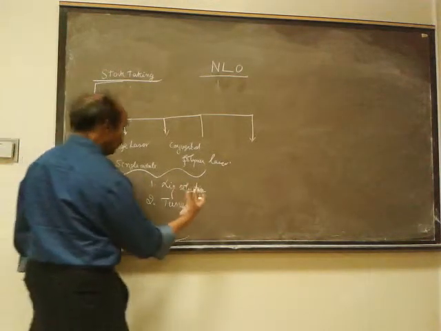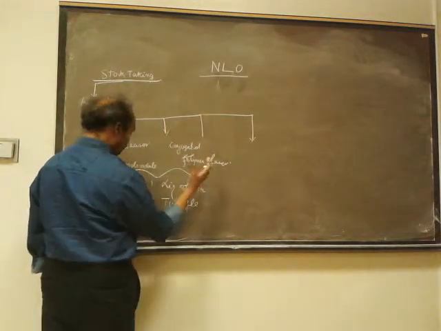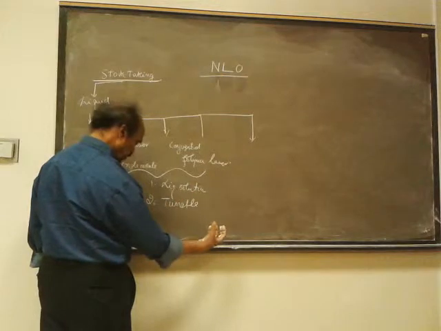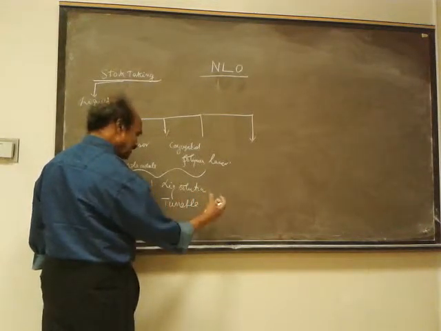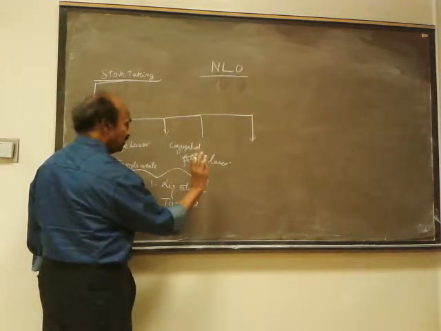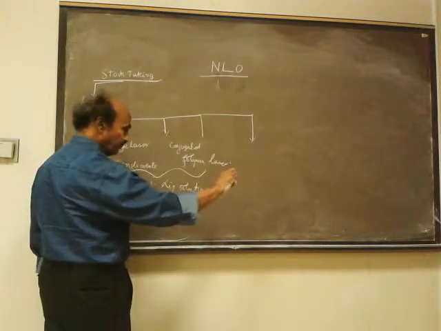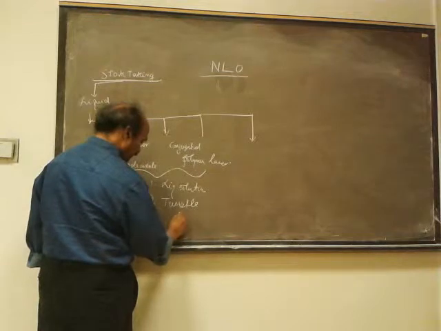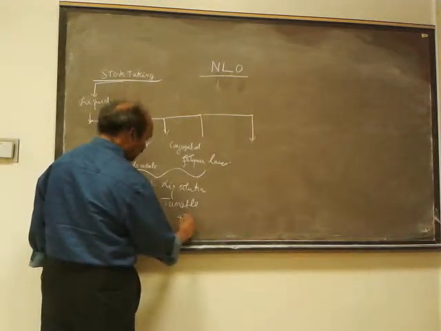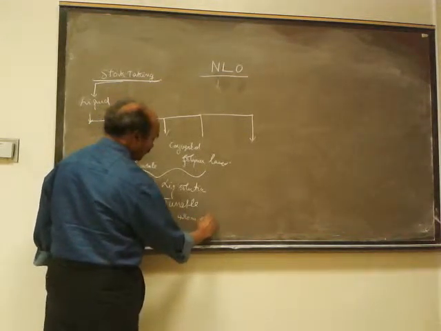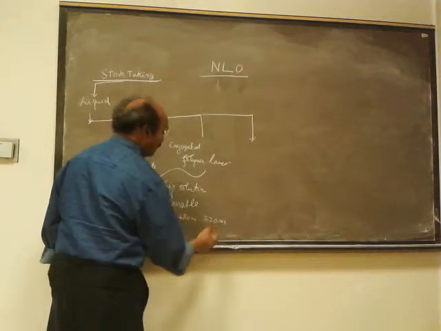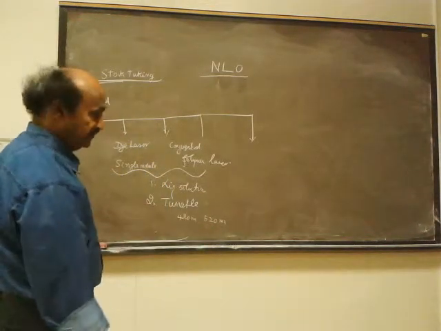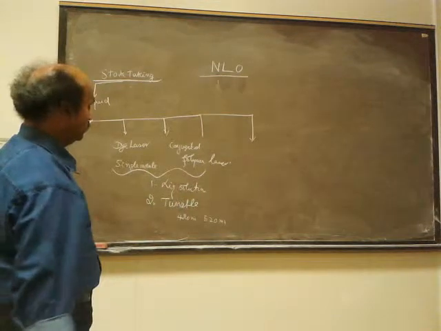Tunable means you take one dye laser solution and tune the grating as if you tune your radio, and then you can get a laser from 420 nanometer to 520 nanometer very easily.